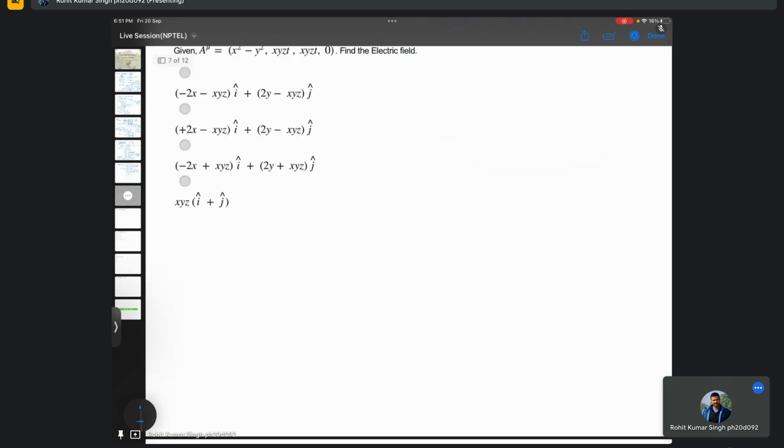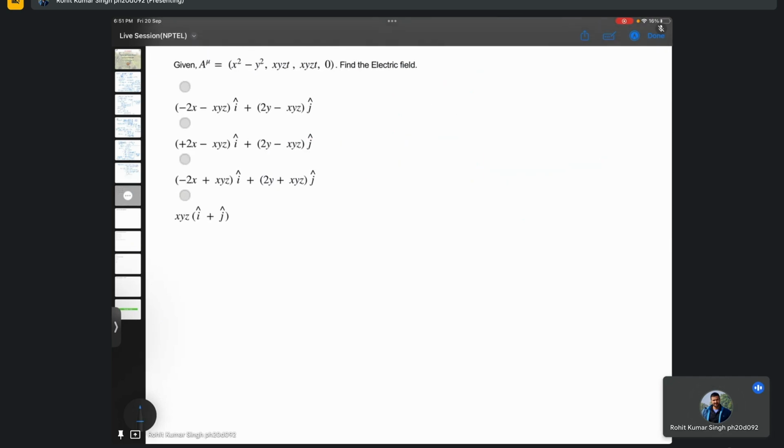Okay. So here is one problem. There is a 4-vector potential given, and we have to find the electric field. Okay. So just now we have seen. So you have the vector potential.